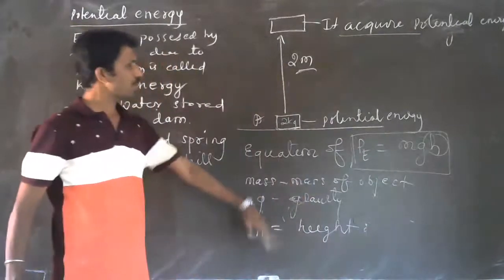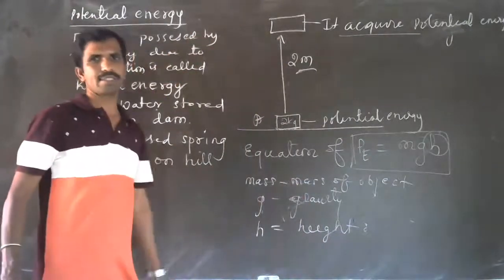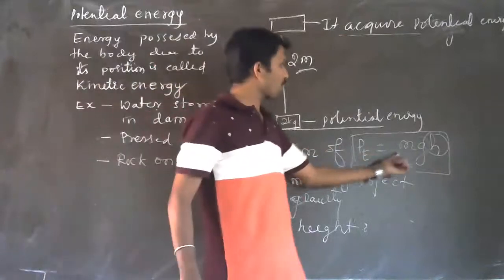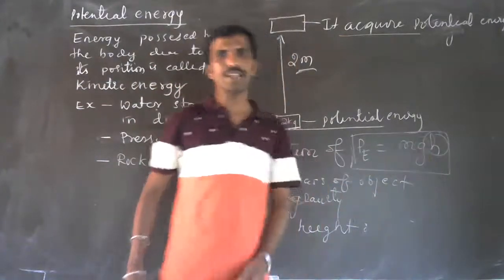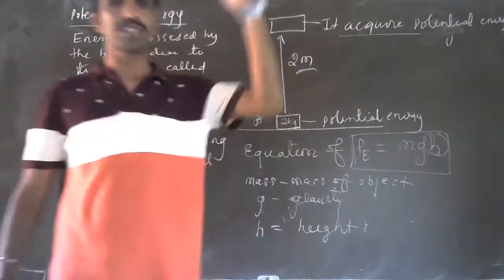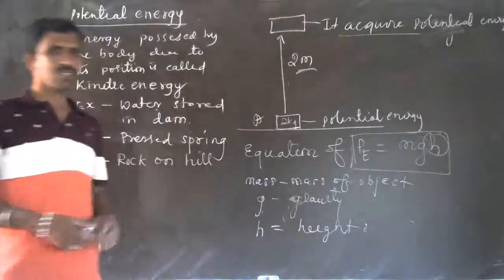So it is a product of mass, acceleration due to gravity, and the height to which the object is raised. Understood?